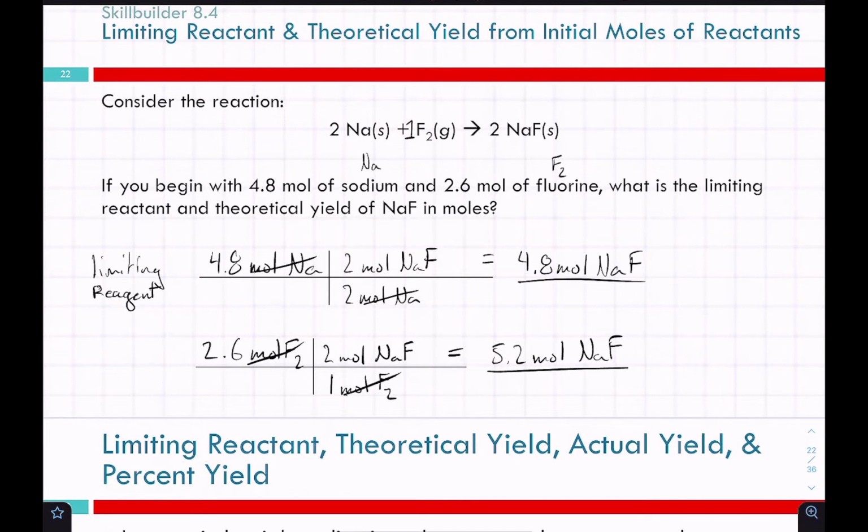And what's our theoretical yield? How much sodium fluoride? It's going to be this amount of sodium fluoride that can be made with our limiting reagent. So this is our theoretical yield.